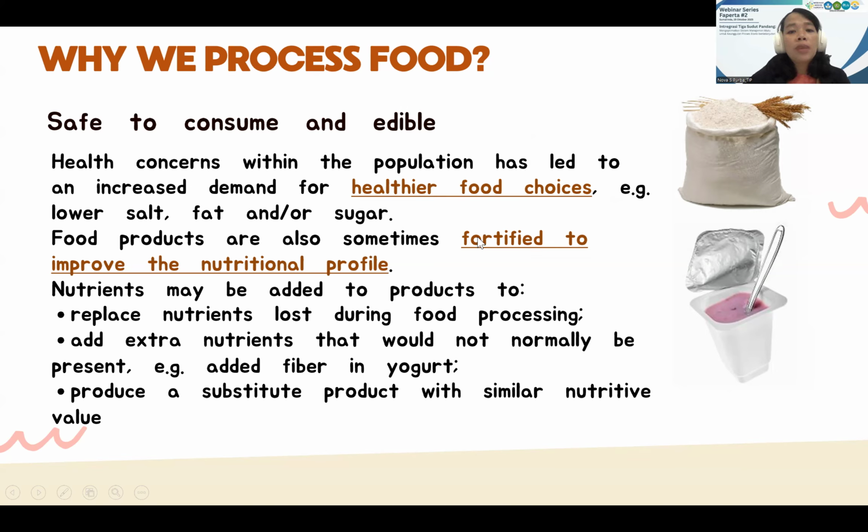Products are also sometimes fortified to improve the nutritional profile. Nutrients may be added into the product to replace the nutrients lost during food processing, or maybe add extra nutrients that would not normally be present. For example, added fiber in yogurt.